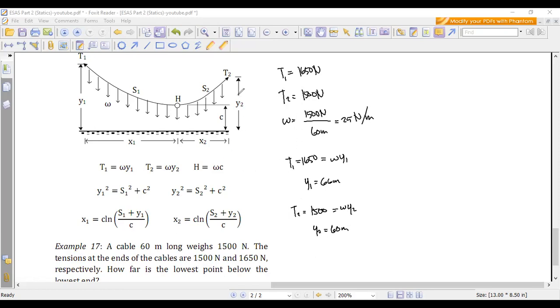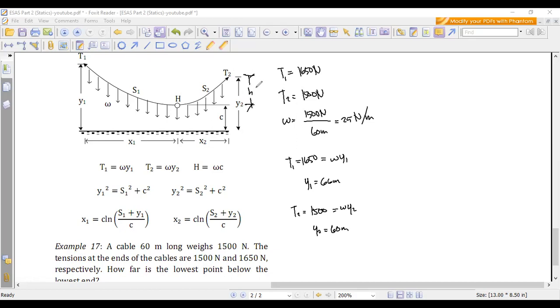As I've said, our objective is to calculate the value of C, such that we can calculate the distance from the lowest point to the lowest end. How far is the lowest point to the lowest end? This variable, small letter h, I mentioned a while ago.